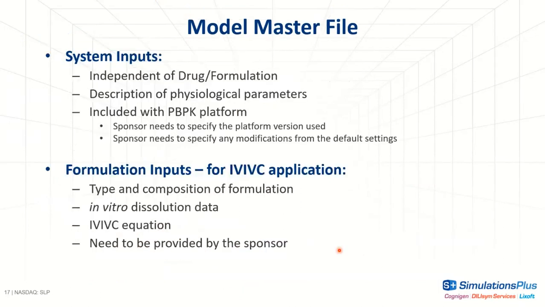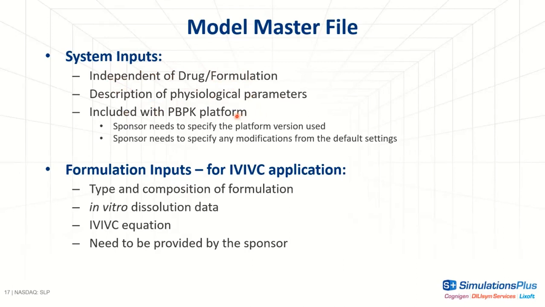The system inputs may be the simplest way of reporting, especially if you are using some of the established or more commercial PBPK platforms, because all of the physiological parameters are already included in those. These are the parameters that are independent of drug or formulation and come with the PBPK platform.